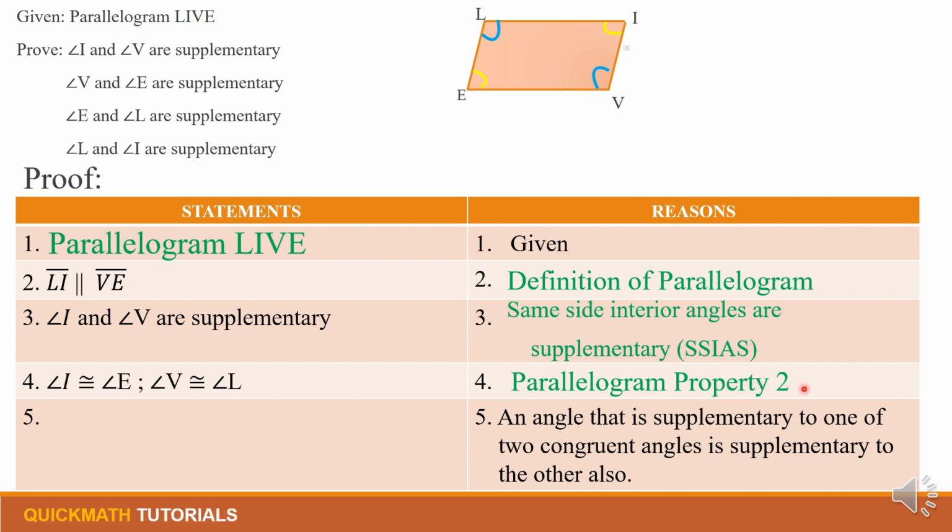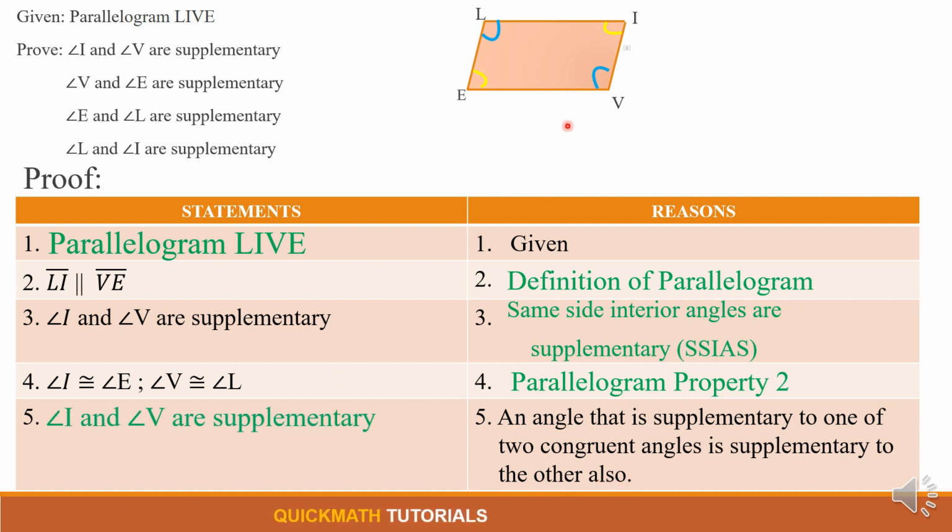We already proved this earlier, where it states that in a parallelogram, any two opposite angles are congruent. For number 5, the reason is an angle that is supplementary to one of two congruent angles is supplementary to the other also.